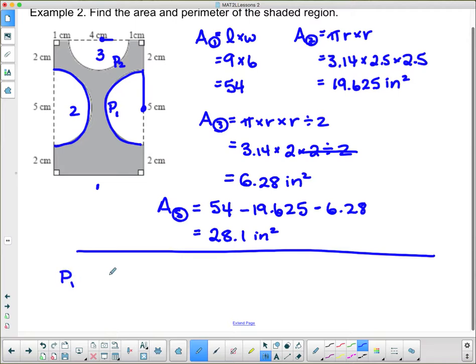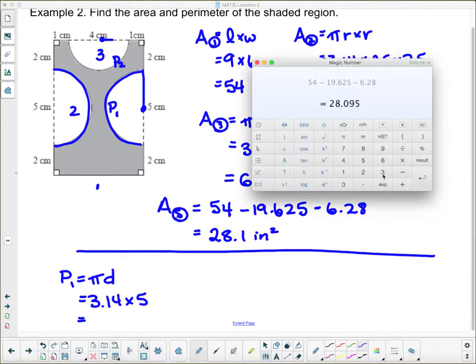So P1 is a whole circle again, which is pi times the diameter, which in this case is 3.14 times 5. So let's pull up my handy dandy calculator. Do 3.14 times 5, which is 15.7.